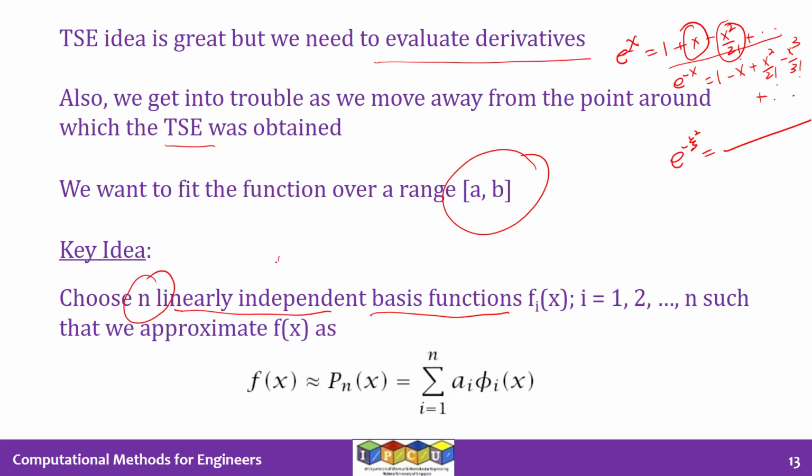In linear algebra, we know linearly independent vectors. Likewise, you can have linearly independent functions. So you want to use basis functions, n of them, and when they are linearly independent, they are very efficient in spanning the space or in representing other functions.